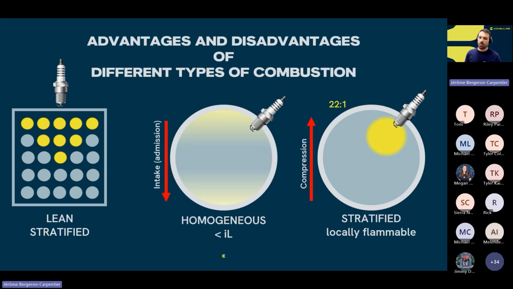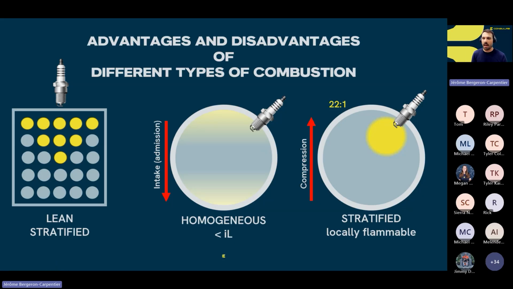What we're going to do is locally push all these fuel particles close to that spark plug, and by doing so, even if we globally have a 22-1 ratio inside our cylinder, we're going to have a much lower ratio close to that spark plug.